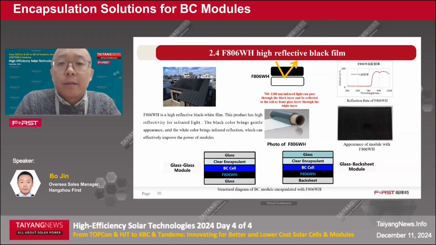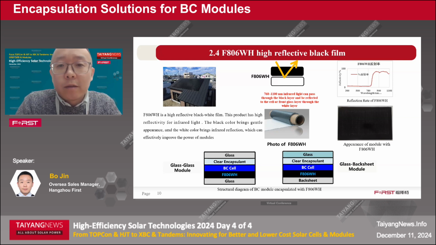Okay, and here, this is the second part of the presentation. So we also offer special films. For example, here, this is a high reflective black film. It has a two-layer structure. So the cell side is black color, and the air side is actually white.